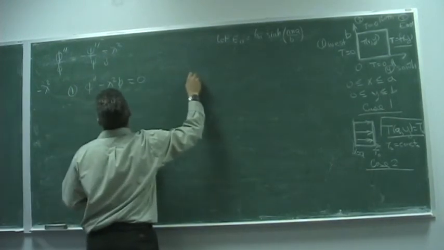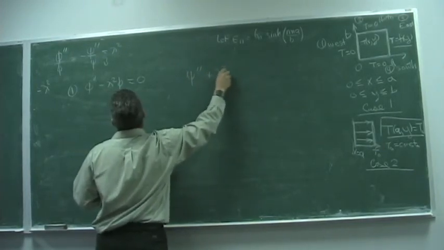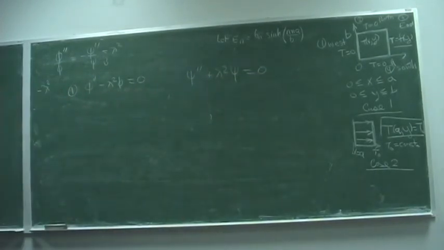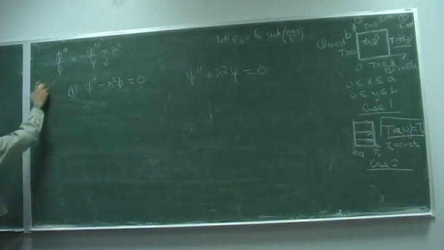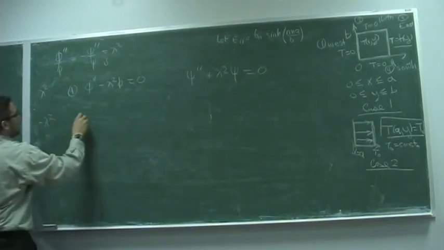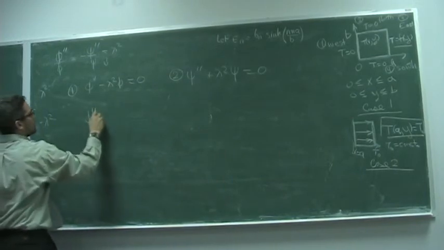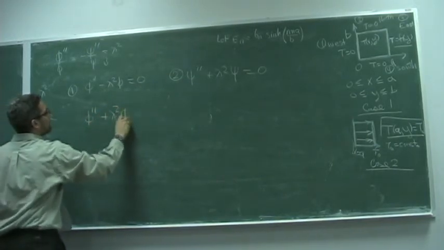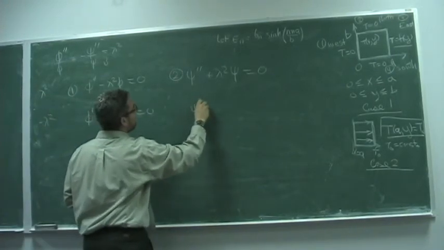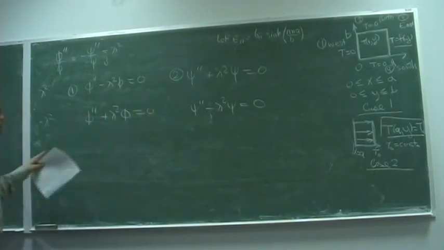You're going to get this one, double prime, plus... This is for positive lambda squared. But for negative lambda squared, you're going to get plus lambda squared, and it's going to switch your solutions.